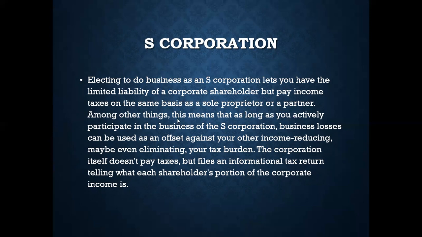Among other things, this means that as long as you have active participation in the business of an S corporation, business losses can be used as an offset against your other income, reducing or maybe even eliminating the tax burden. The corporation itself doesn't pay taxes, but files an information tax form telling each shareholder a portion of their corporate income.